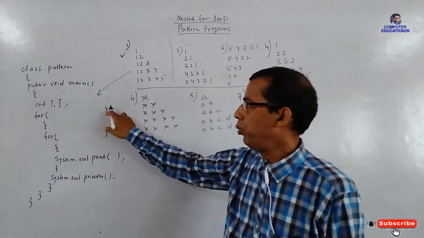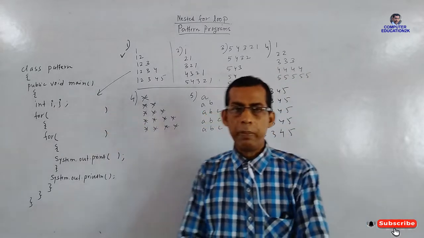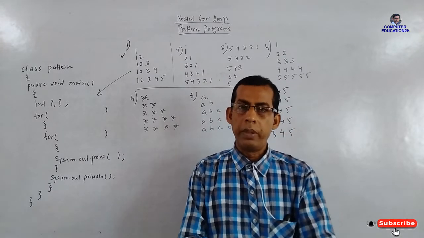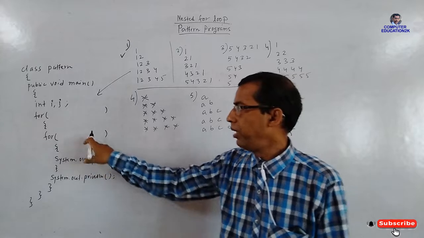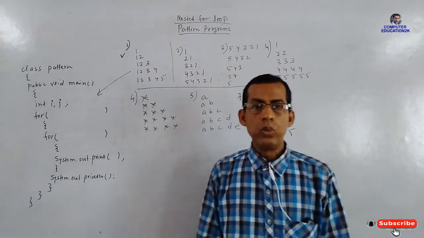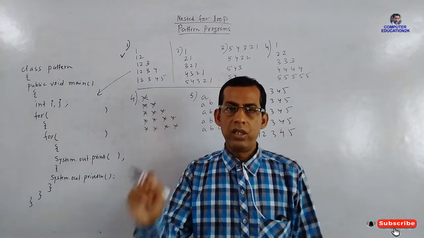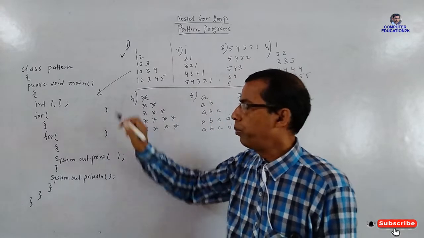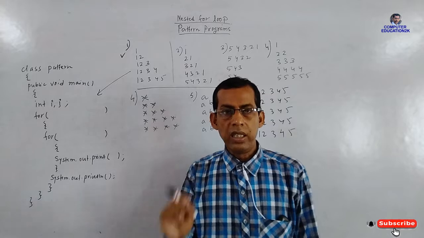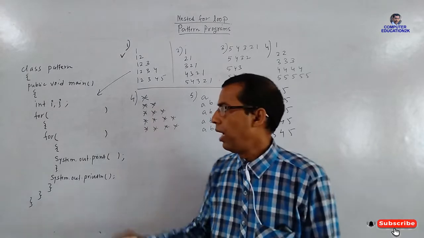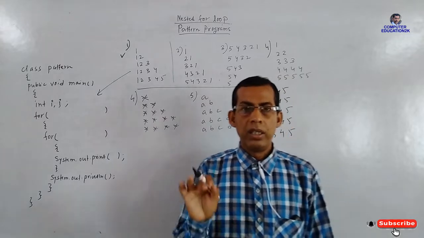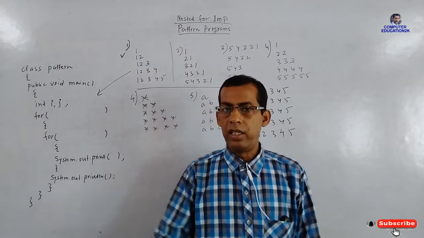The outer for loop represents the lines or the rows of the pattern, and the inner for loop is used to print each element in those lines. So the outer loop represents each row, each line, and the inner for loop is used to print the numbers in each line.